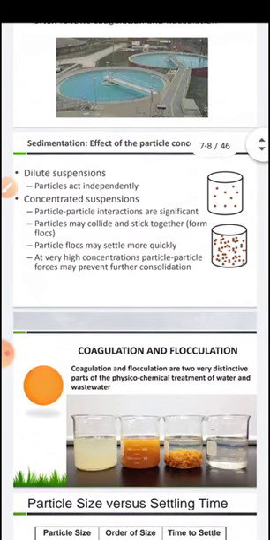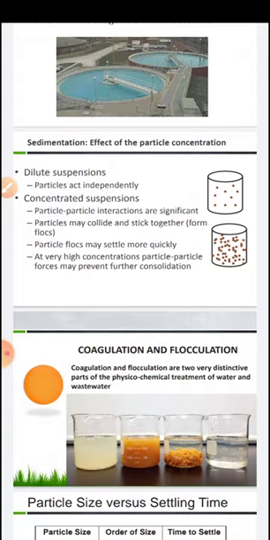And again, in both processes, flocculation and coagulation, the most important thing is the behavior of the colloids, and how they are working within a solution, and how they are getting agglomerated, and how their size and density are increasing, and how it is facilitated that they may settle down at the bottom and be removed from the reactor.